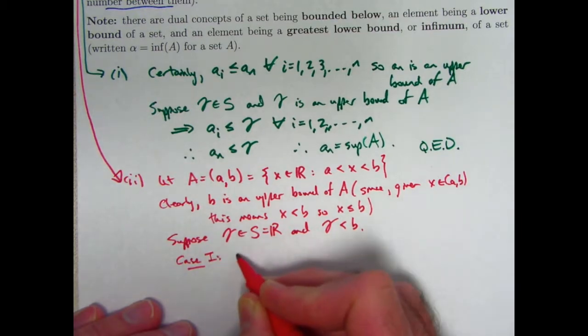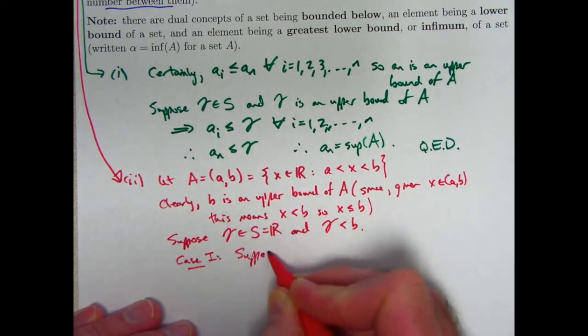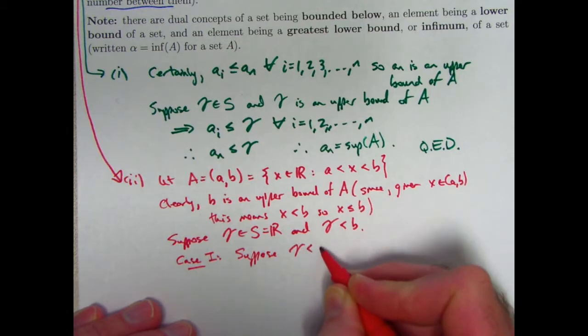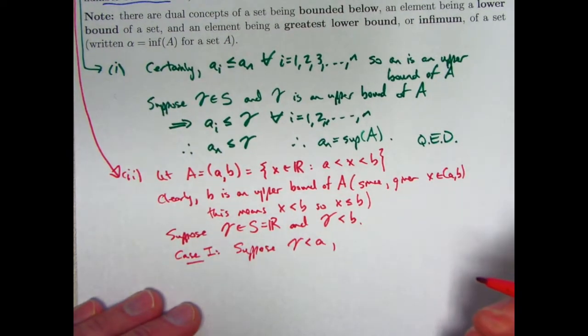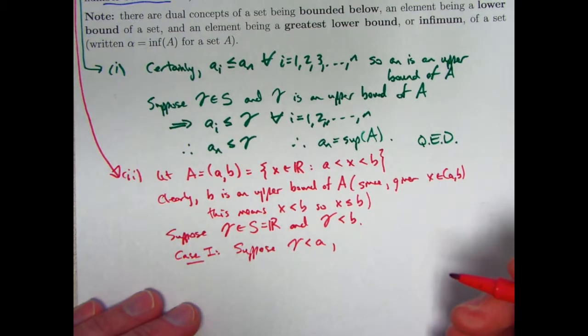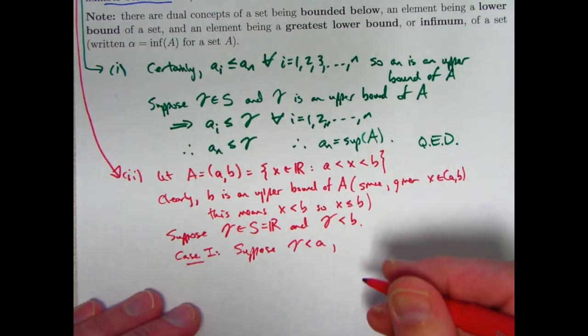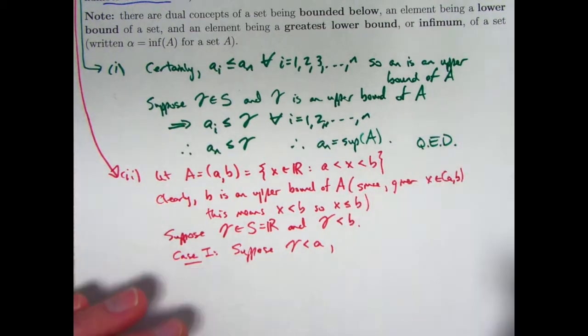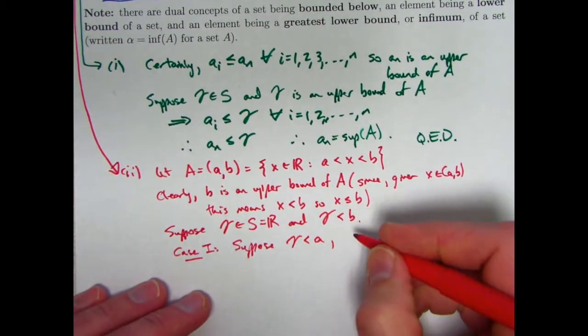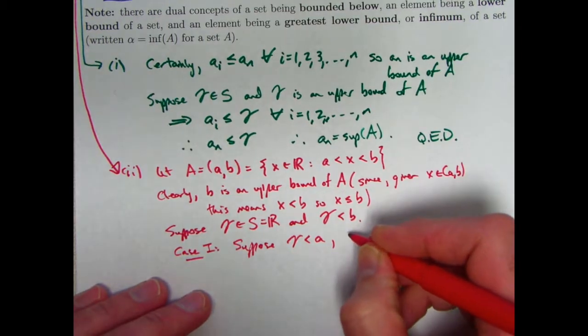Case one, suppose gamma is less than little a. Then it's pretty obvious that there exists something in capital A bigger than gamma and also, of course, less than B. In fact, every element of capital A is greater than gamma. And let me go ahead and just write that out in words.